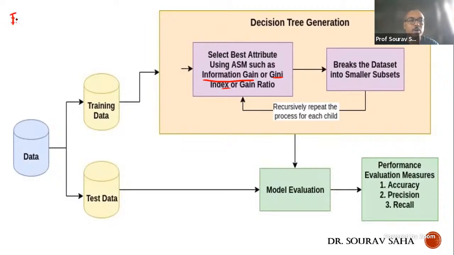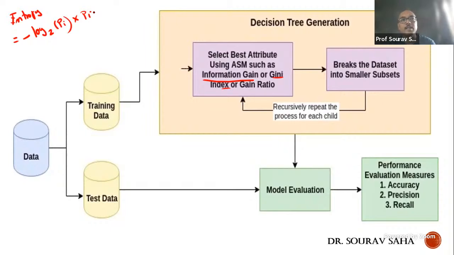Entropy, if you remember, comes from the Gauss theory in physics. It's expressed as minus the sum of the proportions of the different classes multiplied by log to the base 2 of the proportion, that is, minus pi log to the base 2 pi. If both classes are equally likely, the entropy value will be 1, which means maximum impurity.